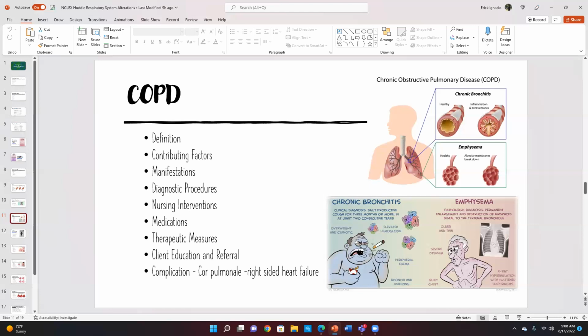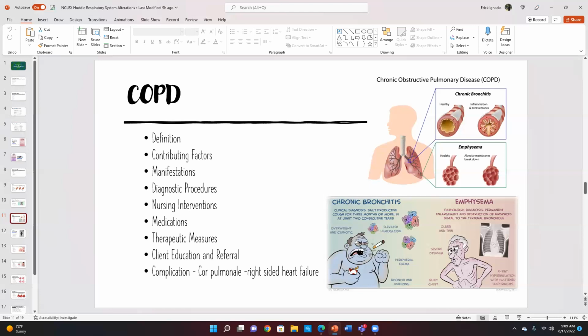The manifestations for a patient with chronic bronchitis: productive cough, thick, tenacious sputum, hypoxemia, respiratory acidosis. Okay, so remember respiratory acidosis. They're not able to release that carbon dioxide.